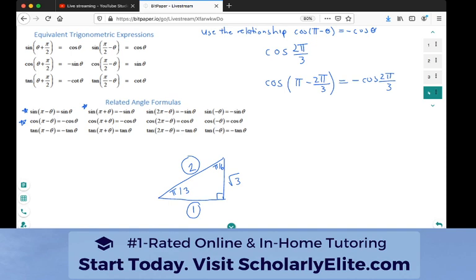Now what we're going to say here is that we know that this can be solved in this way. Well, negative cos 2 pi by 3 is going to be negative. And if I go ahead and do pi minus 2 pi by 3, that's technically 3 pi over 3.